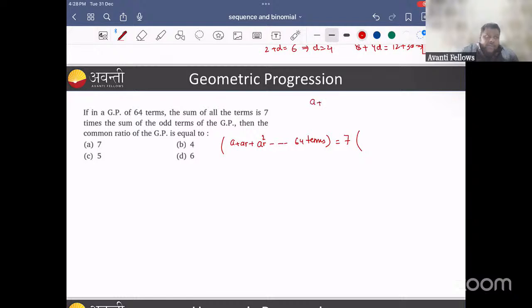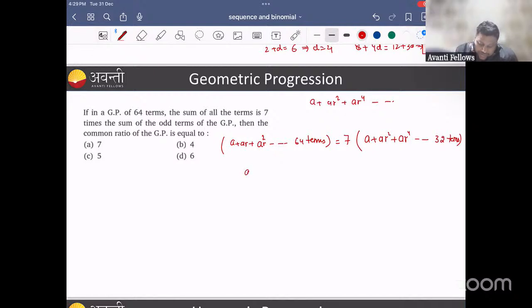That means a plus ar square plus ar to the power 4, and so on. Now there will be 32 terms, because the total terms are 64.